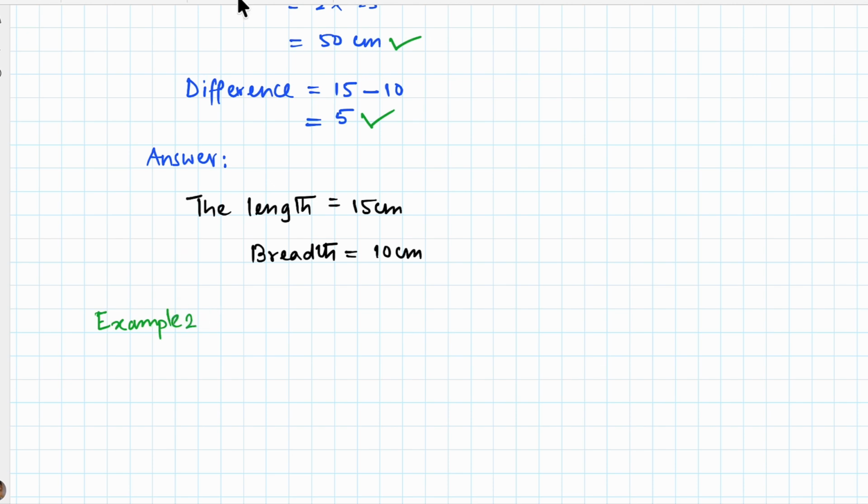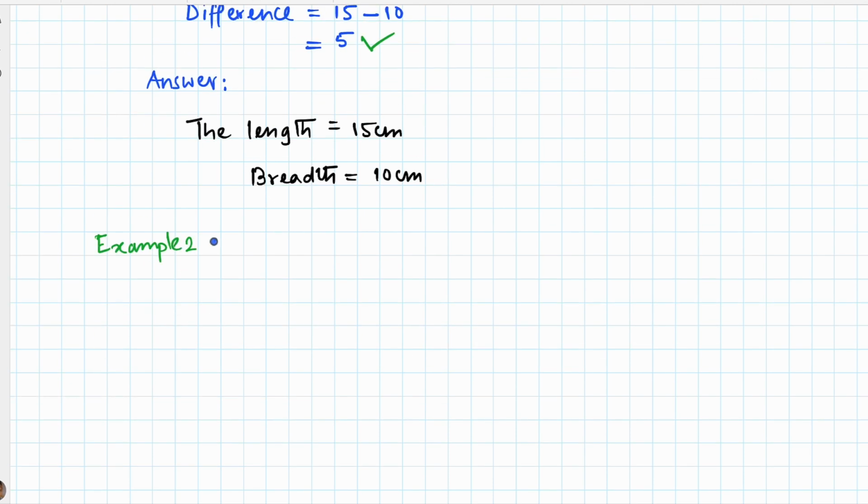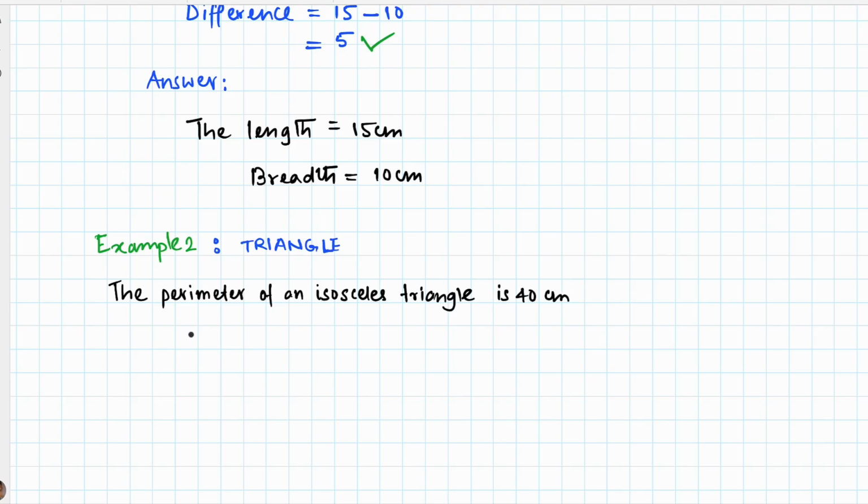Now example 2. Now we will take a triangle, and here in this case we will take an isosceles triangle to solve our isosceles triangle related problem. So the perimeter of an isosceles triangle is 40 centimeter.